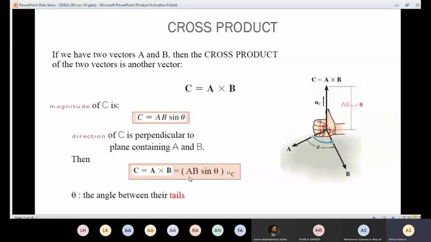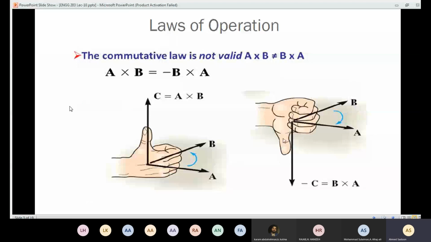Then we want to talk about the laws of operation, so mathematically, how we are going to deal with the cross product.